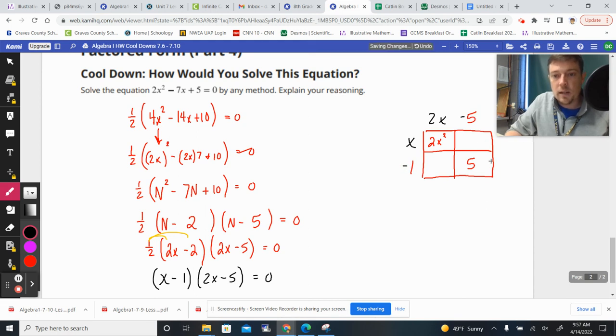Because the negative times the negative would give us a positive. -5 times x would give us -5x. And -1 times 2x would give us -2x. And those like terms would give us the 7 that we needed in the linear term. So these two factors are the correct factored version of that standard form.